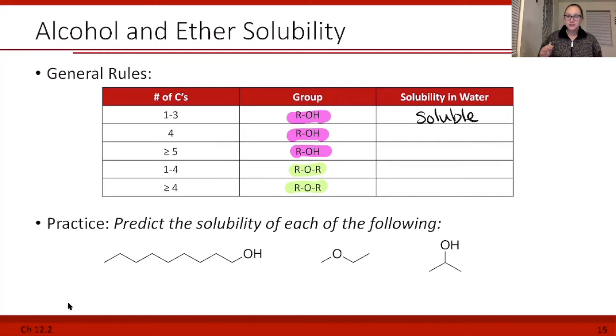When you have 4 carbons, it's only slightly soluble, so not as much of the molecule can dissolve in the water. And lastly, if we have a lot of carbons, more than 5 carbons, we have an insoluble alcohol.